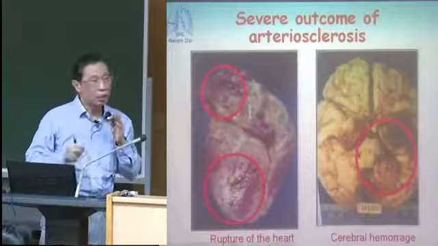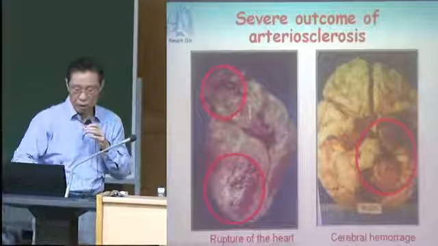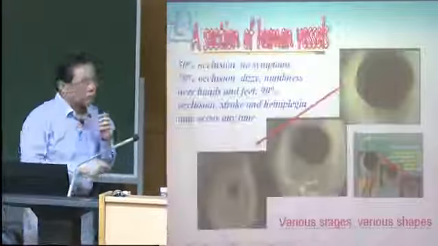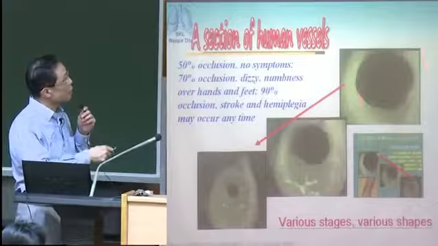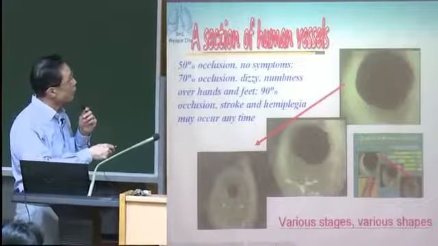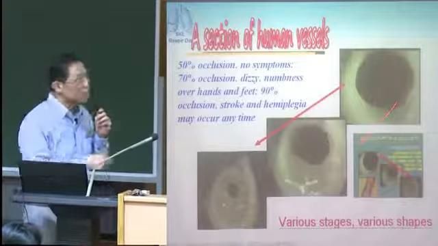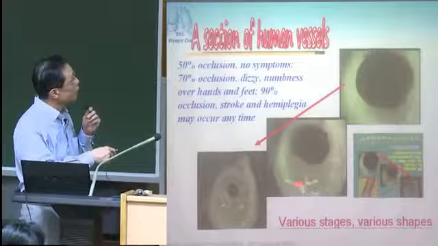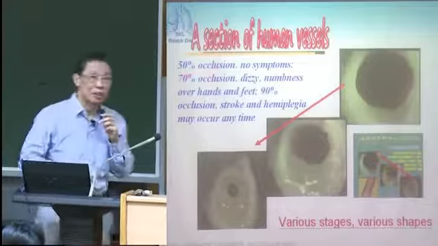So we have to go a bit earlier, upstream. As you know, this is the diameter of the blood vessel. It's quite open, quite normal, and then gradually narrows, getting smaller and smaller. Symptoms will not happen even here. You can see with 50% occlusion, there are no symptoms.